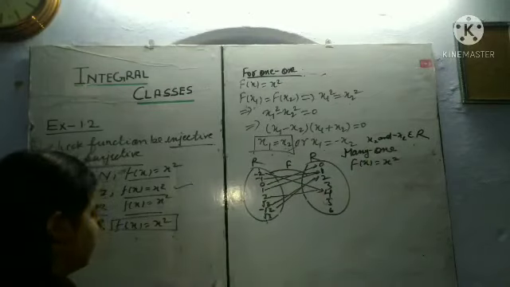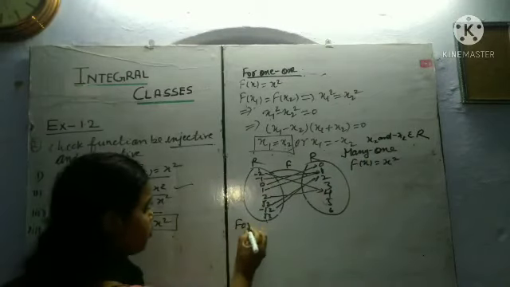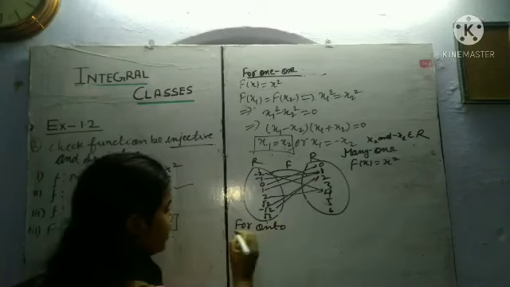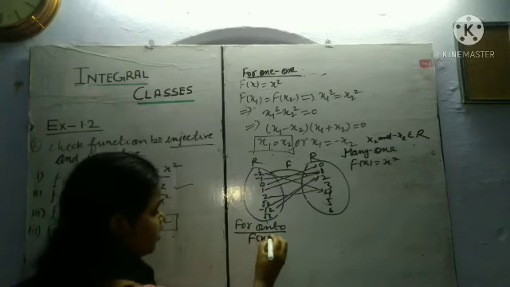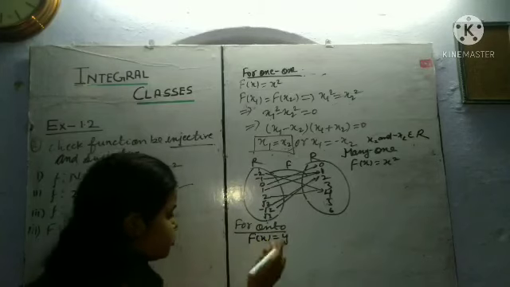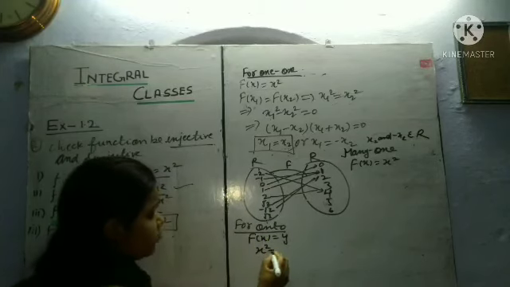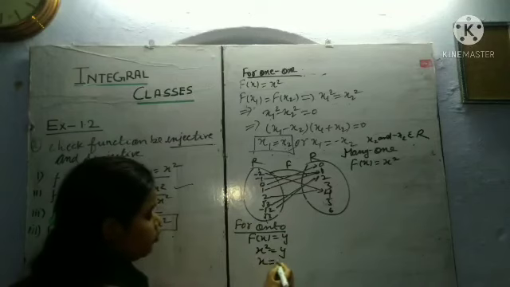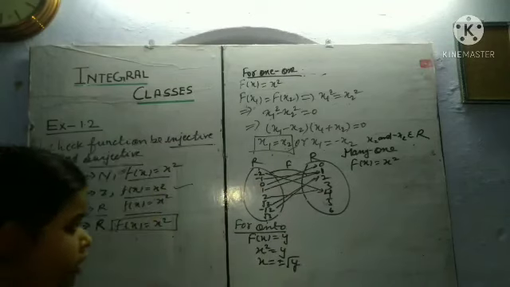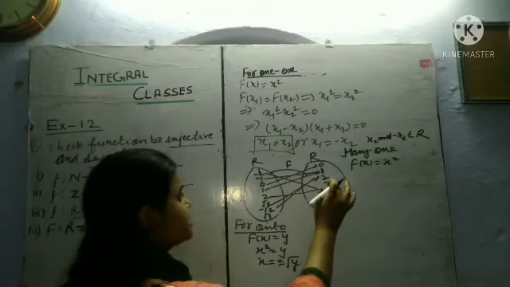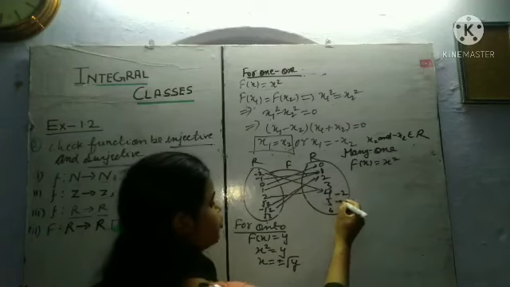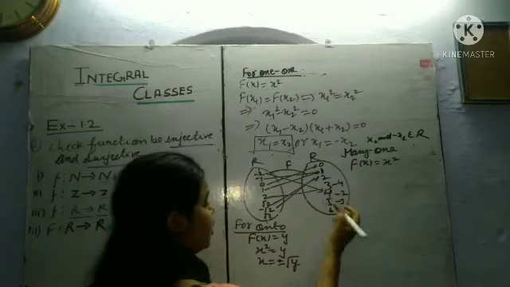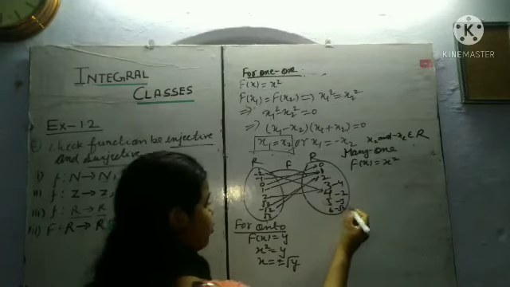Now for onto, we will check again f(x) equal to y. f(x) is equal to what? x square equal to y. Then x equal to what? Plus minus √y. So student, as we observe here, this codomain contains negative numbers also, -2, -3, -4 and -√2.